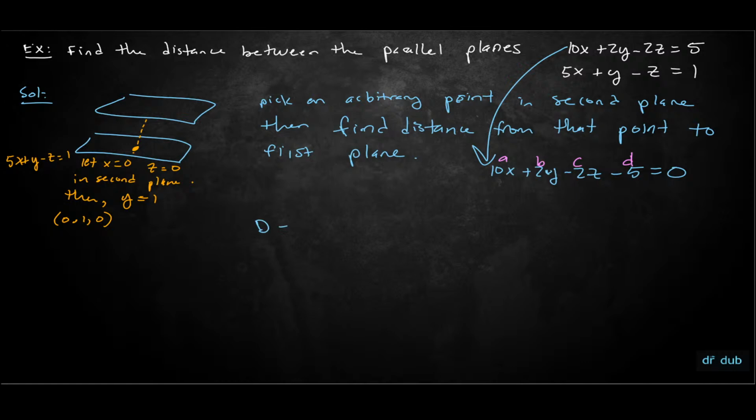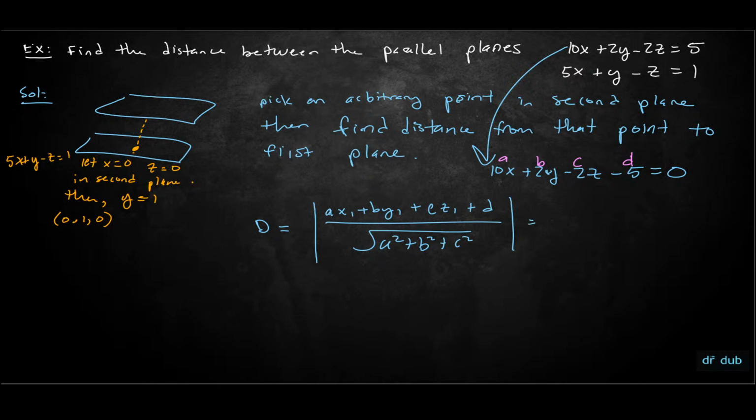So now the distance d is going to be the absolute value of ax1 plus by1 plus cz1 plus d all over the square root of a squared plus b squared plus c squared.